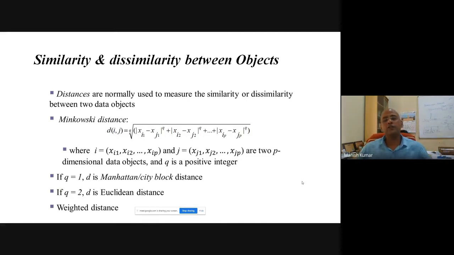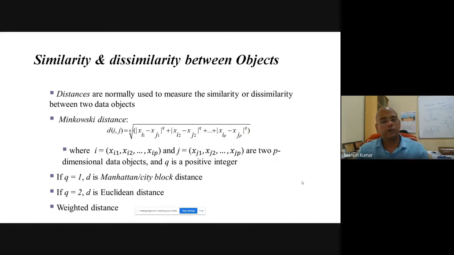So what I look for is that the domain requirement is that height should be given more weightage while doing the distance calculation. So in that case, I'll give a higher weight to the height of the player compared to the other attributes. So what will happen is that when distance calculations are done, this height will have a prominent dominance in the distance calculation, and that is what is required for the sort of clustering we go for. So that is the weighted distance we look for.